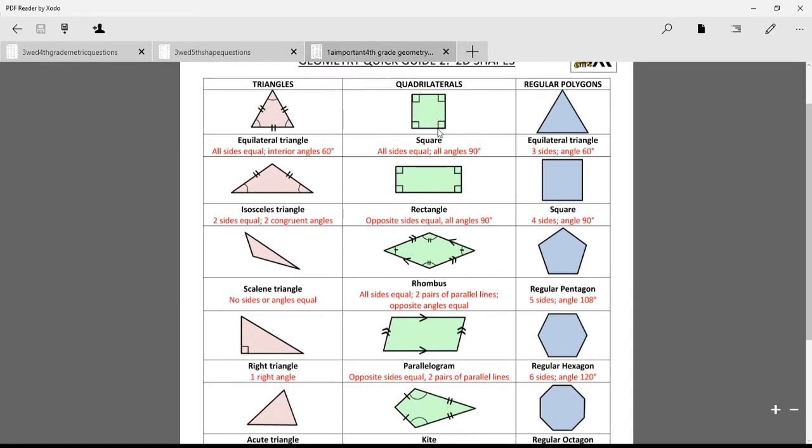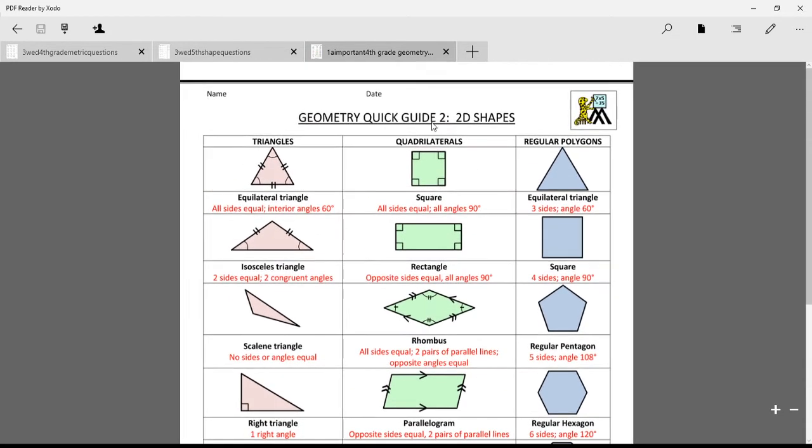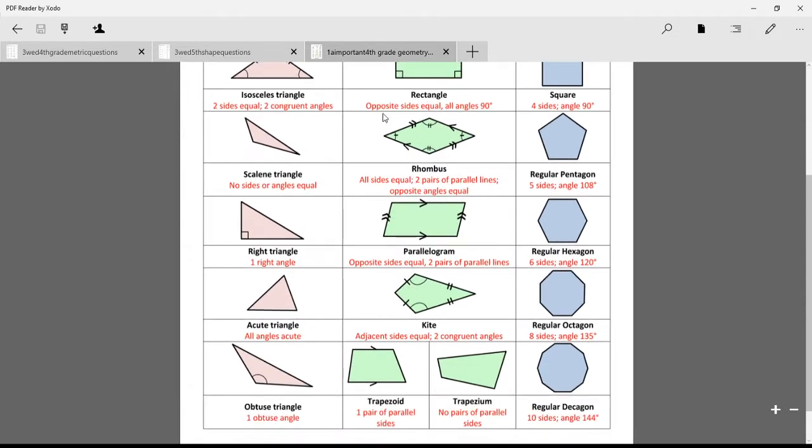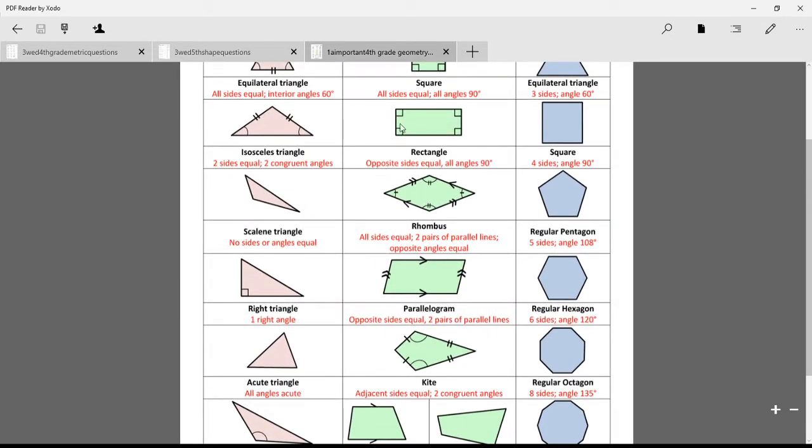But just to go over it again: a square, all sides are equal, all angles are 90 degrees. These are all quadrilaterals. A rectangle, opposite sides are equal, all angles are 90 degrees. A rhombus, all sides are equal, two pairs of parallel lines, opposite angles are equal.